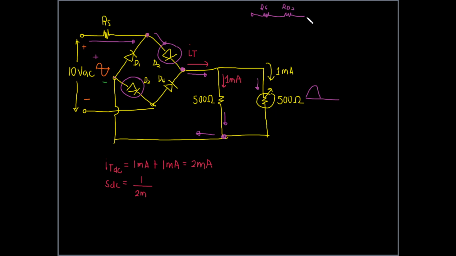So series. And then series to the parallel combination of 500, 500. There. And then this is now the forward biased resistance of diode 3.